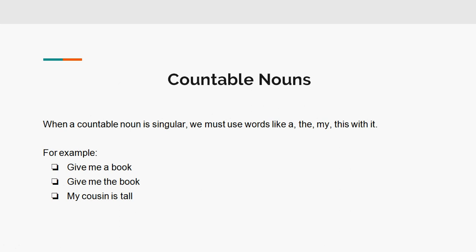When a countable noun is singular, we must use words like a, the, my to go along with the countable noun. For example, give me a book. Give me the book. My cousin is tall.